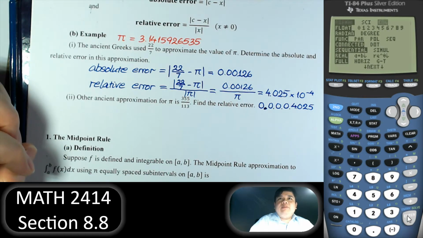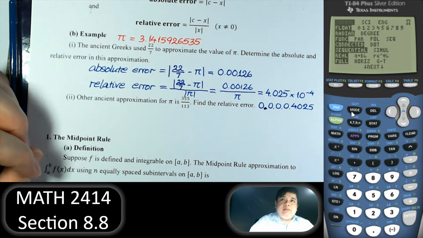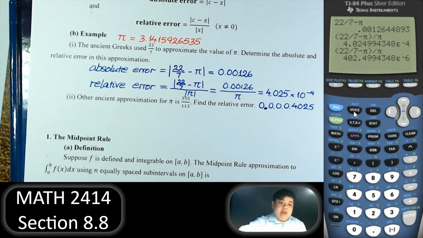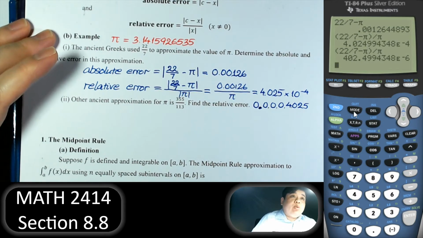But keep it normal. It depends how many decimal places, I mean, significant figures, we want to keep. Right, so that's the first one.